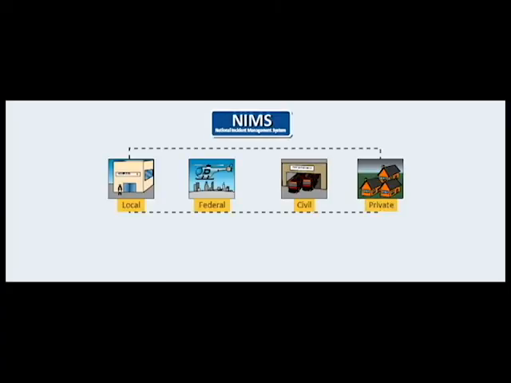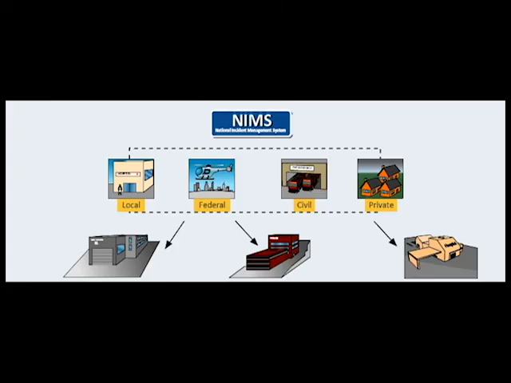The objective of NIMS is to standardize the way all response organizations and hospitals approach incident command, preparedness, resource management, communications, and support technologies. If a variation of any of these is adopted on a local level, then the critical interface between responding agencies and jurisdictions cannot occur when the emergency grows and the need for response expands.